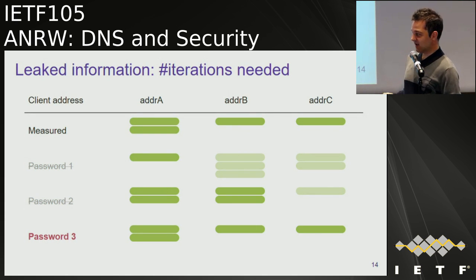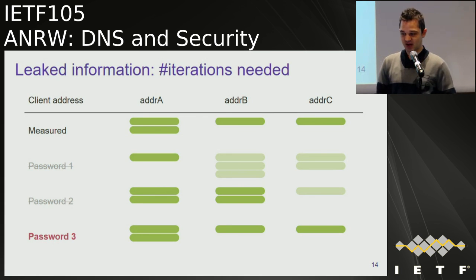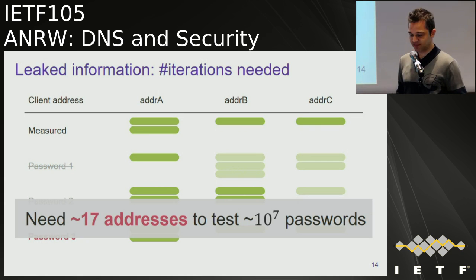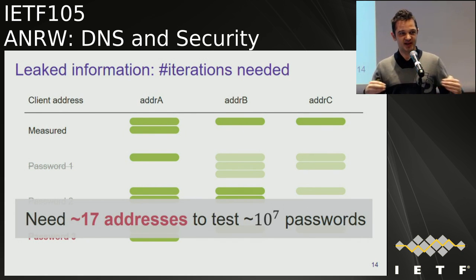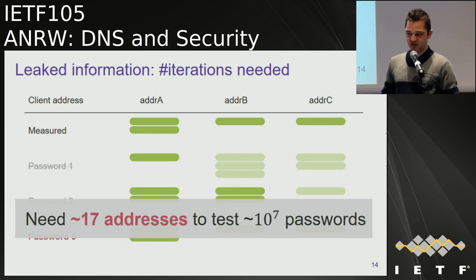So in this example, it's password 3 that matches our observations. In general, if you want to test a dictionary of 10 to the power 7 passwords, which is roughly the same size as the RockYou password leak, then we need to do this attack for about 17 MAC addresses.